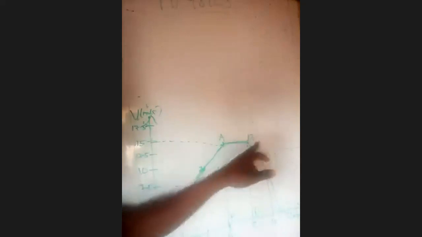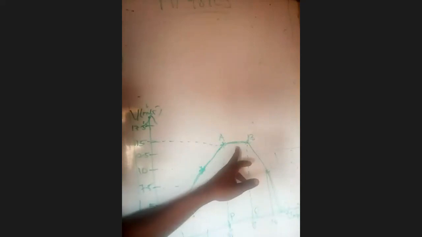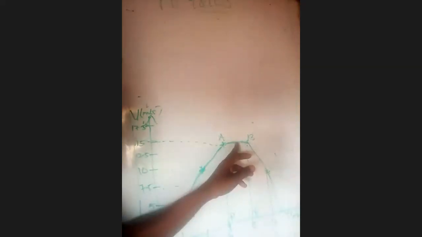If you look along AB, between the time interval 6 and 8 seconds, the velocity does not change. So the velocity stays constant, and the acceleration during this period is 0.